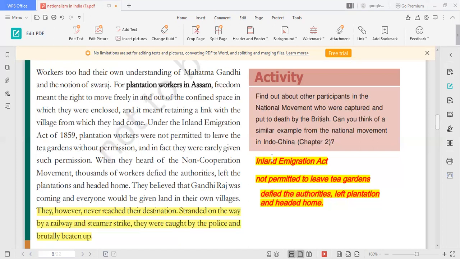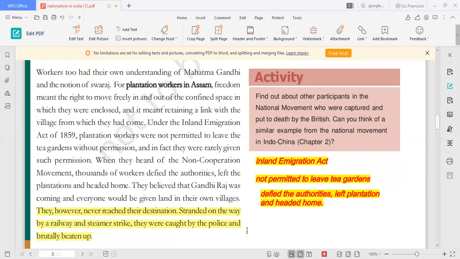They were not aware of any of it. When they heard about Gandhiji's non-cooperation movement, with that boldness, some people told them that Gandhiraj would come. Hereafter, we will be given a little land in our own native place itself. So they believed this. They were told in such a way.